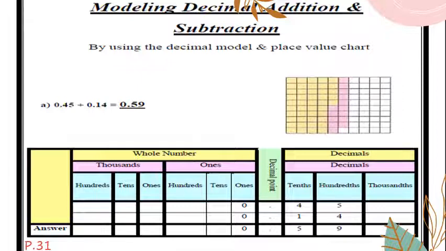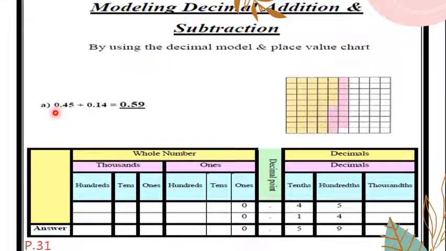Here we have 0.45 plus 0.14. I want to make adding of these two numbers. First of all, I'm gonna write the first number in the place value chart according to its place value.